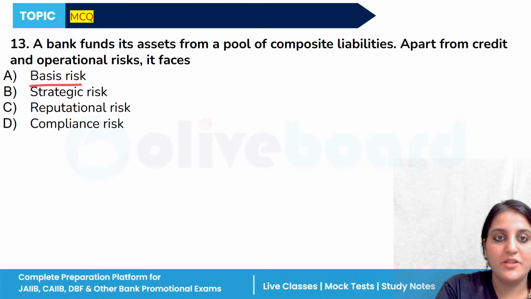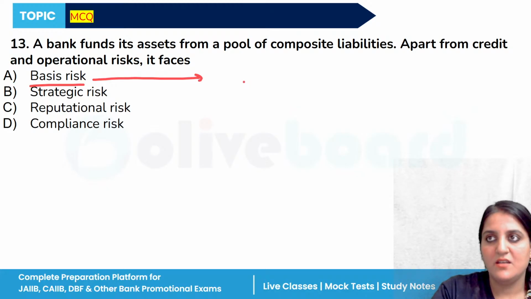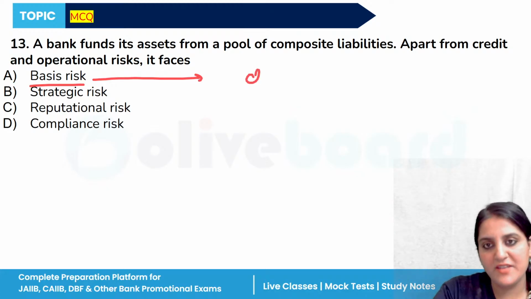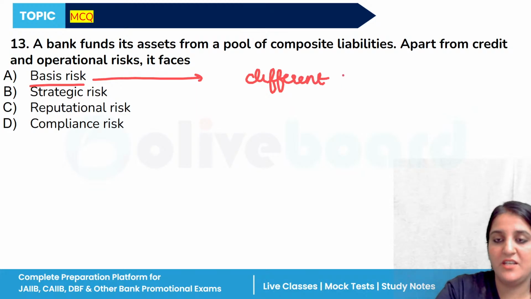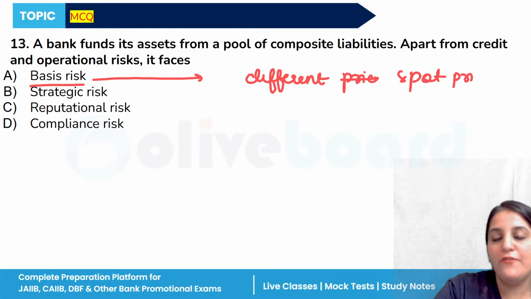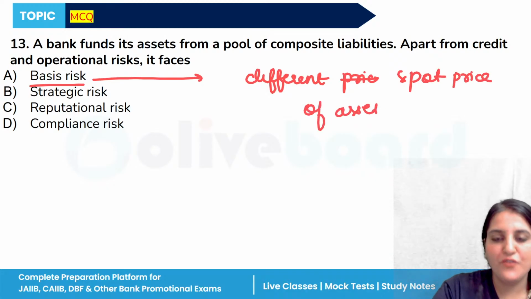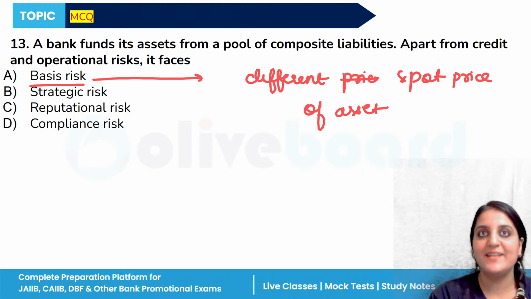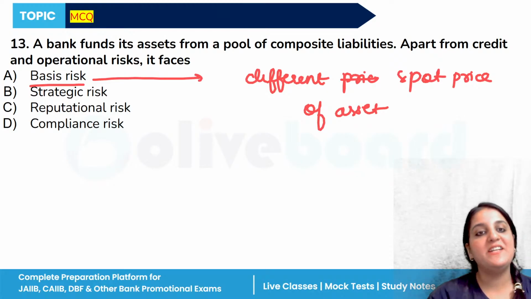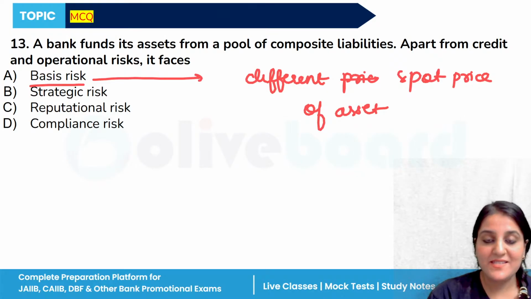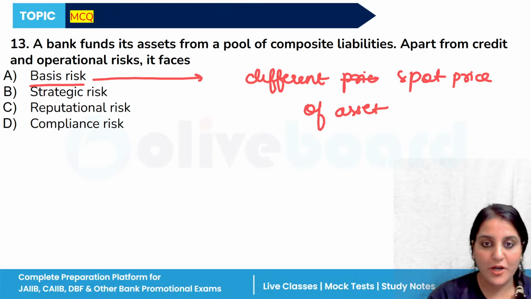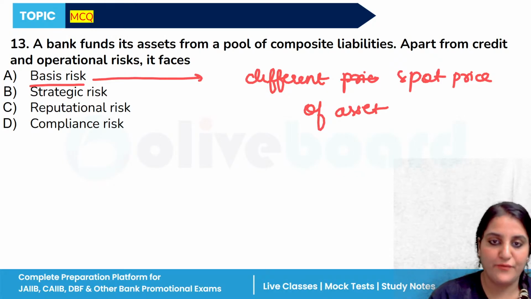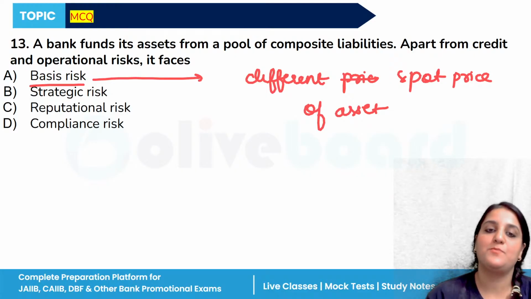See, if we talk about basis risk, this is basically the difference between the spot price of an asset. Spot price of an asset is the current market price at which the asset can be bought or sold for immediate delivery. And basis risk is the difference between the spot price of an asset and the price of a related derivative contract that will change unexpectedly.